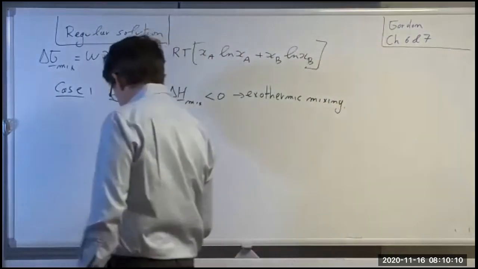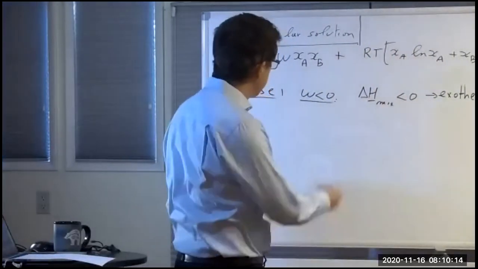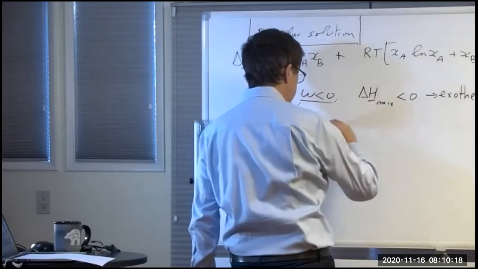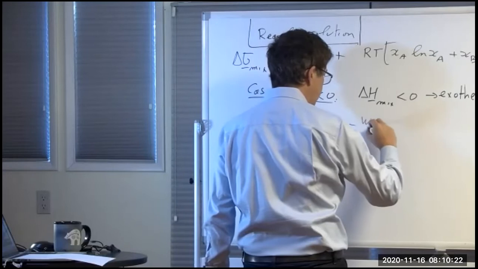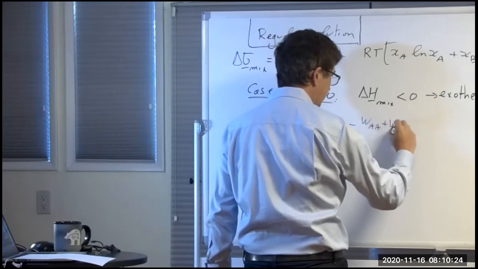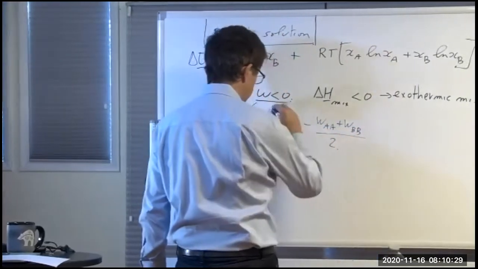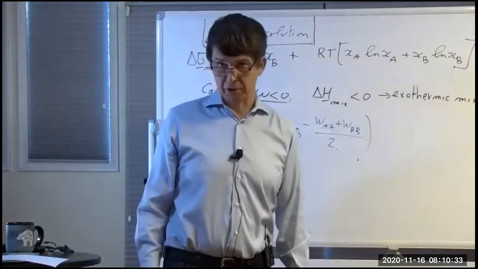And that makes sense if you think back to what omega is. Omega had a bunch of constants in it, but omega was proportional to the AB bond energy minus the average of the AA and the BB one. There's also Avogadro's constant and so on in there.